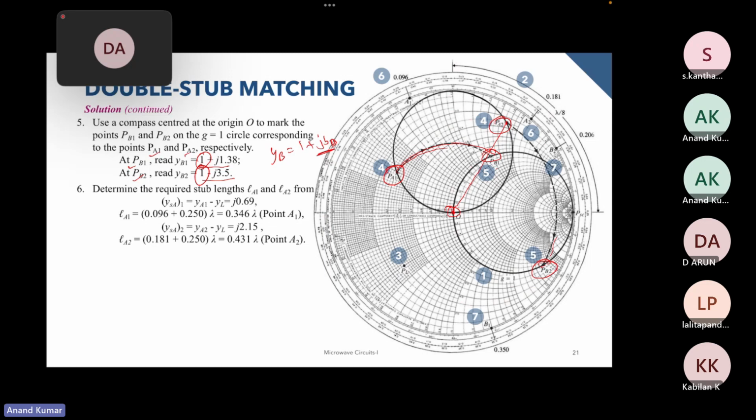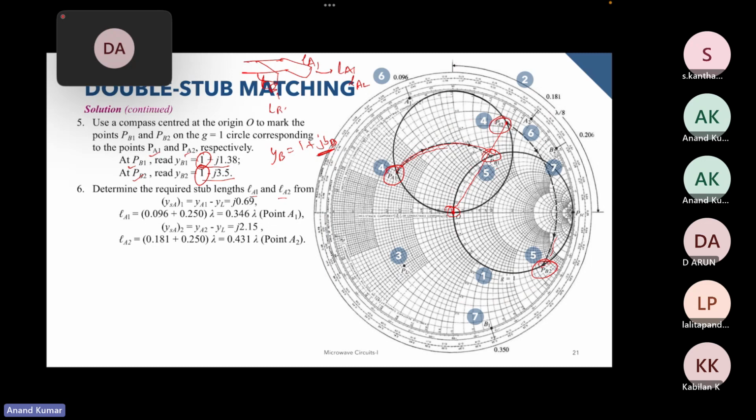Okay, so to determine the length of these stubs LA1 and LA2, if you remember, we had two stubs, right? One stub over here and one stub over here. So this was LA and this was LB. So for each stub, we get two values, LA1 and LA2, and similarly LB1 and LB2.